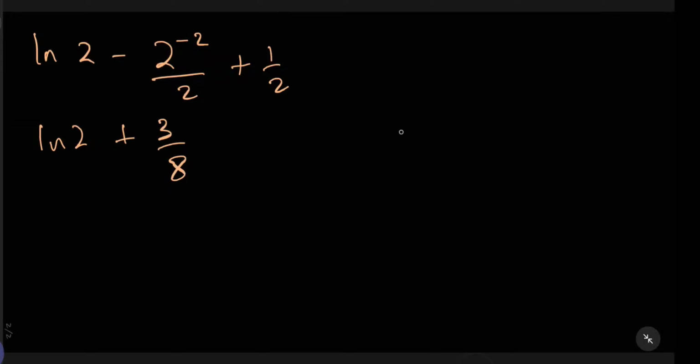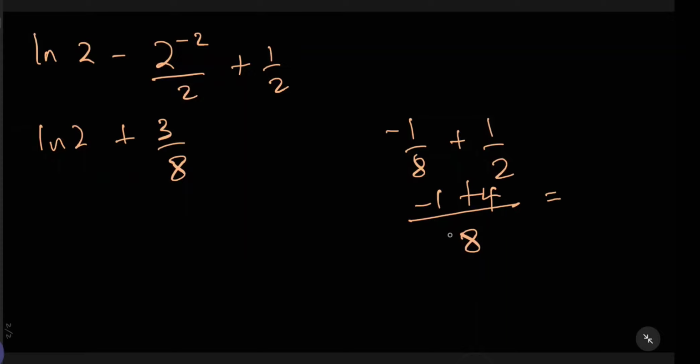We can do that by the side. We have minus 1 over 8 plus 1 over 2. Common factor is 8. 8 divided by 8, 1 times minus 1 plus 4. So you have 4 minus 1, that's 3 over 8. So that's how we have 3 over 8 here.